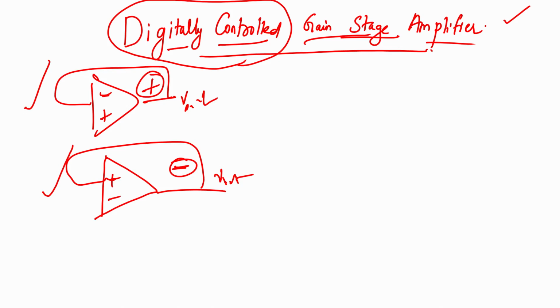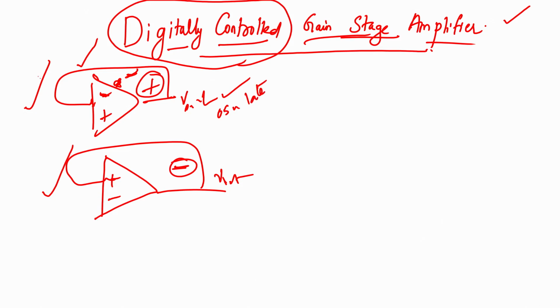So the output is negative, and we will use a fraction of that output voltage to give feedback. If we use this scheme, here also it will be negative, and it will go to the negative terminal. So you will get overall positive feedback and the output will saturate or oscillate.